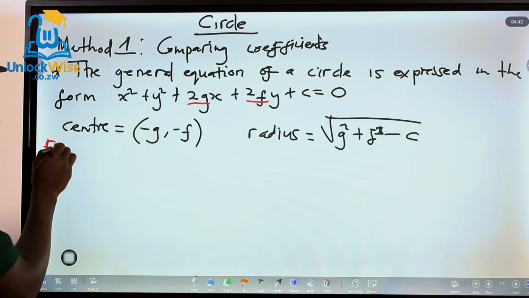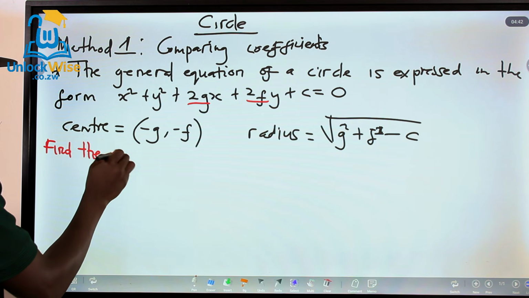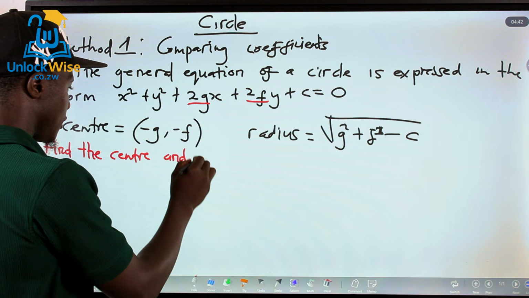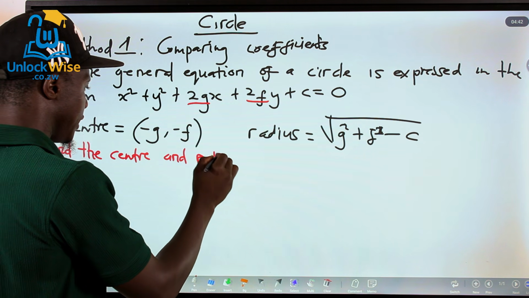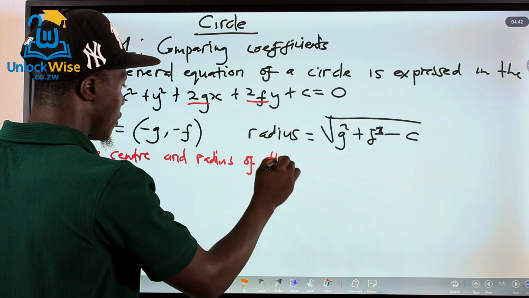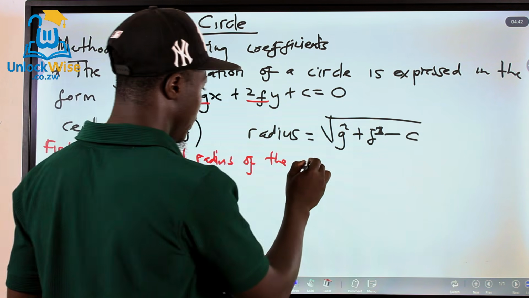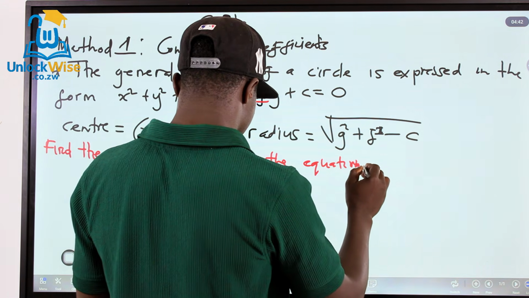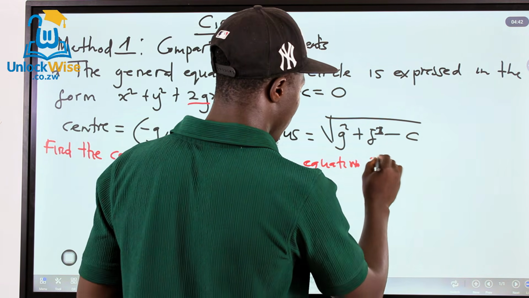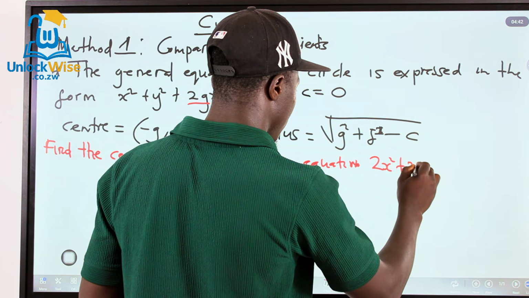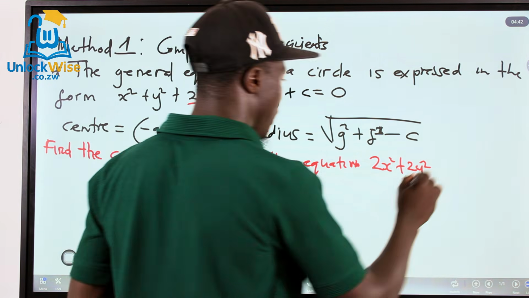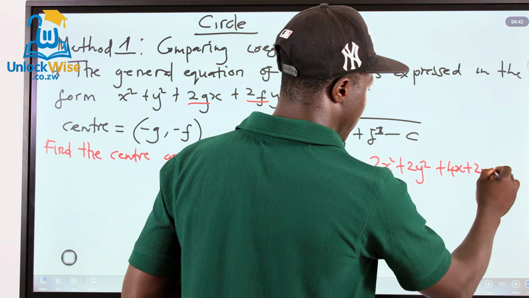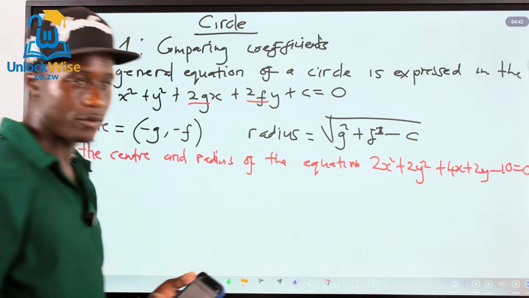The question says, find the center and the radius of the equation 2x squared plus 2y squared plus 4x plus 2y minus 10 is equal to 0.